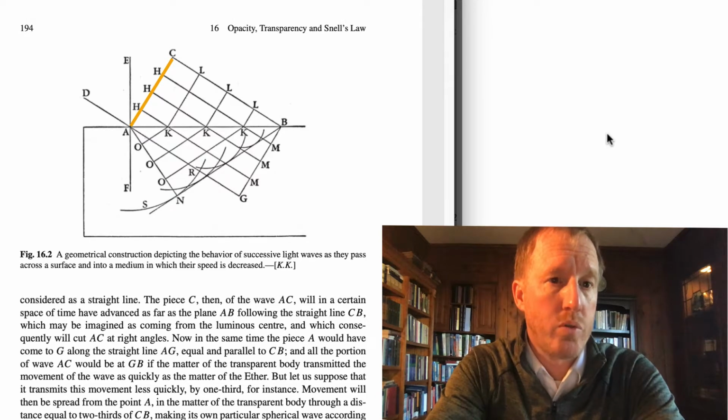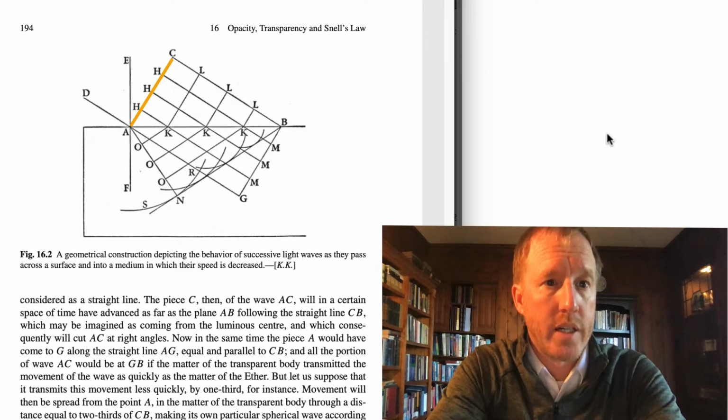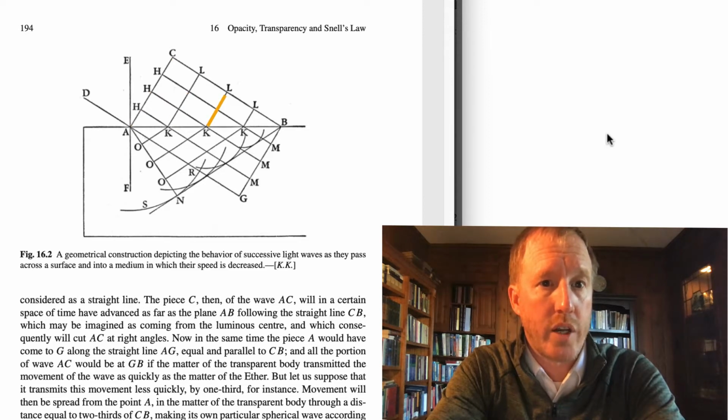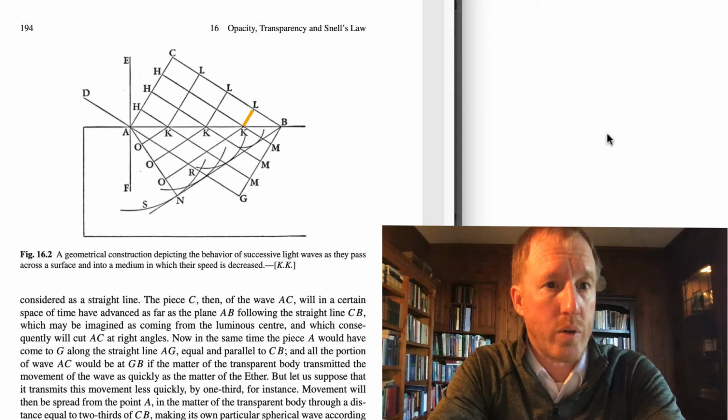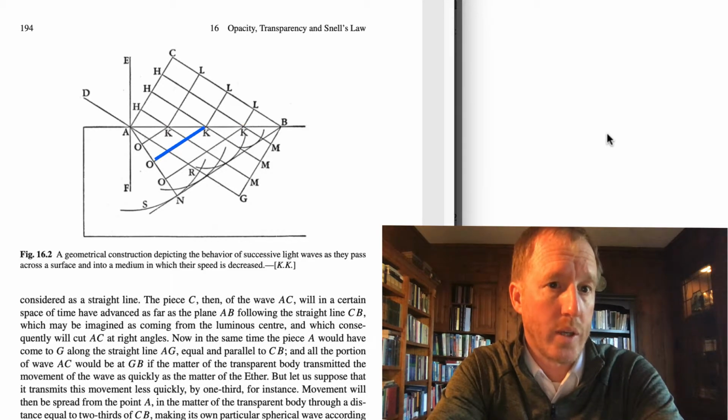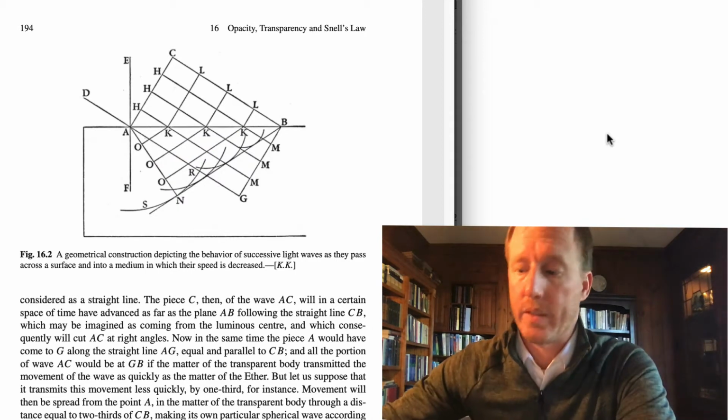And as it moves downward and toward the right, a moment later, it is a wavefront at location KL, and a moment later at the next line segment KL. What he's going to try to demonstrate geometrically is that as it moves downward and to the right, the wavefronts propagating through the glass are represented by lines OK, and then OK later, and then OK later.